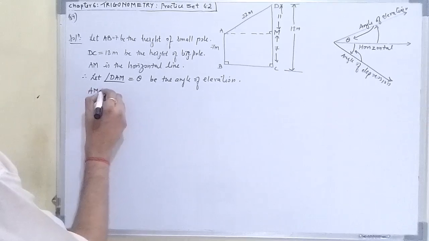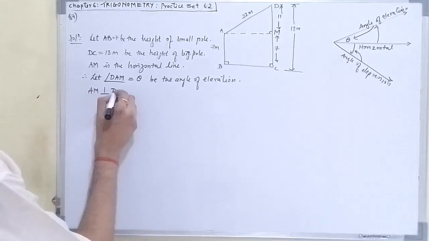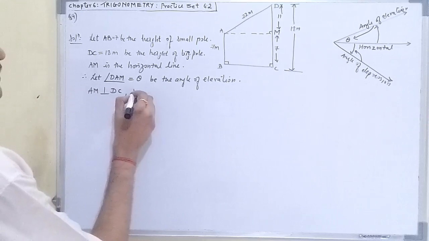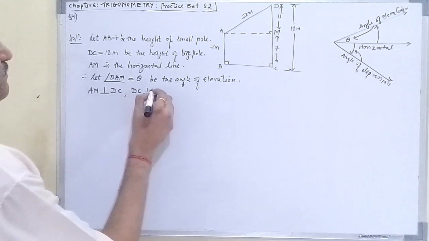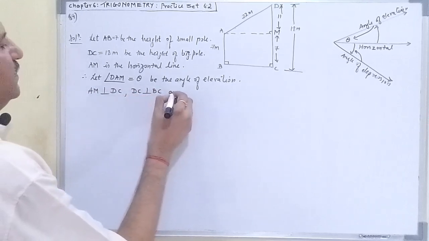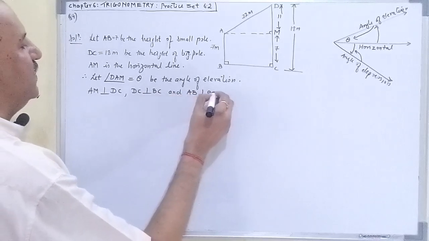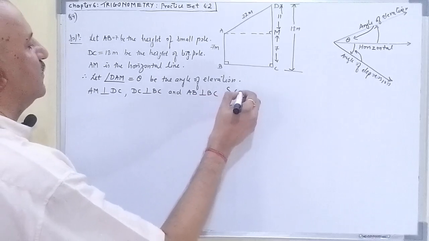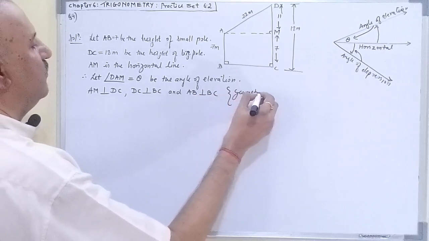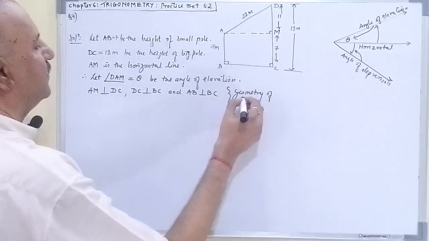AM perpendicular to DC, DC perpendicular to BC, and AB perpendicular to BC. This is geometry of figures.